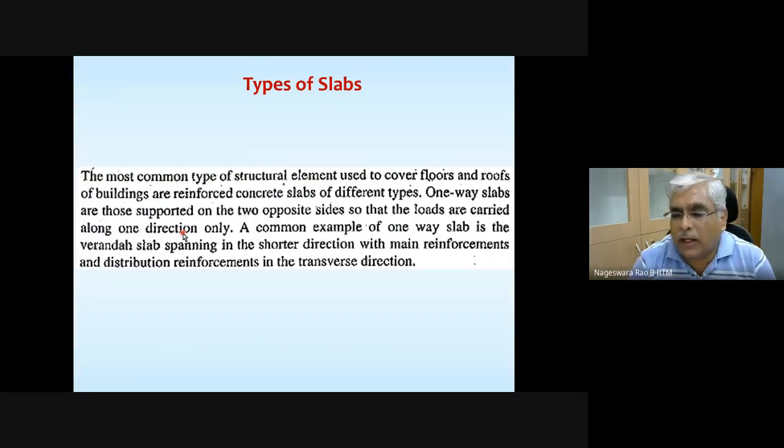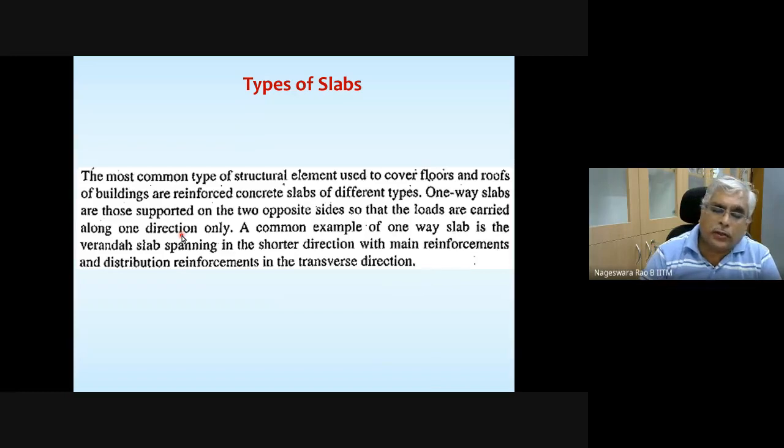Their behavior, or their design, is going to be similar to that of a beam. Whatever you learn for flexural reinforcement design in beams can be extended to designing one-way slabs. One-way slabs are usually designed as a beam of 1 meter width.